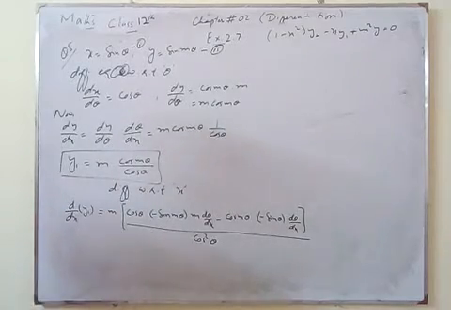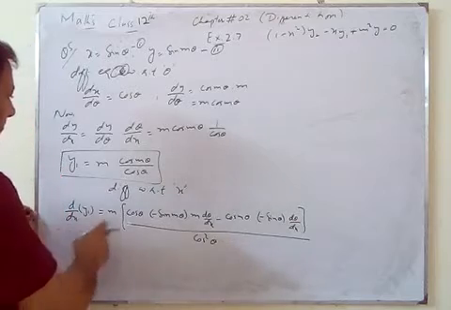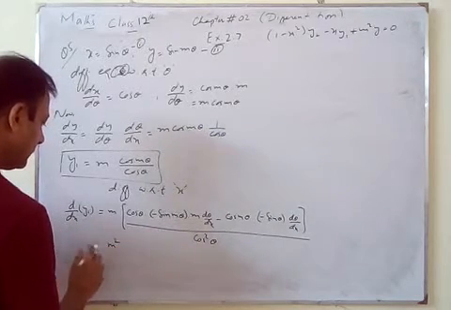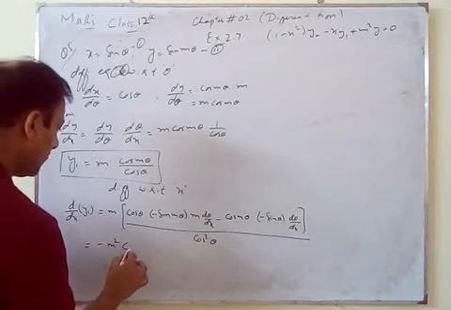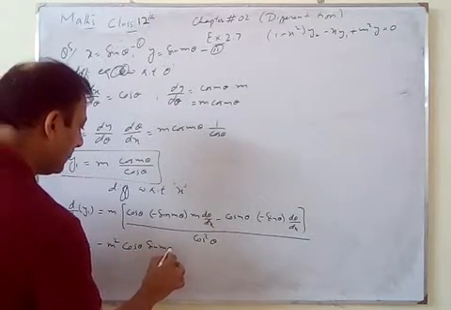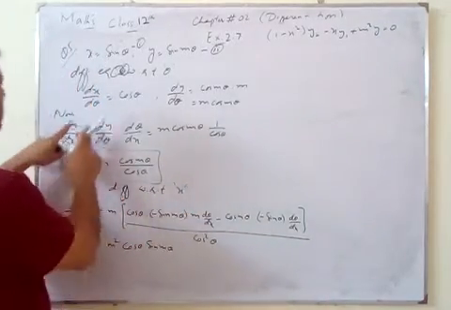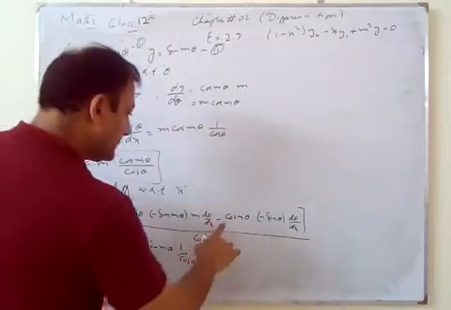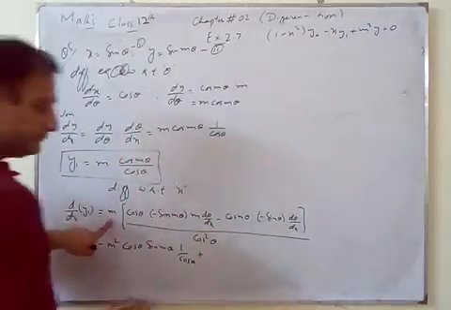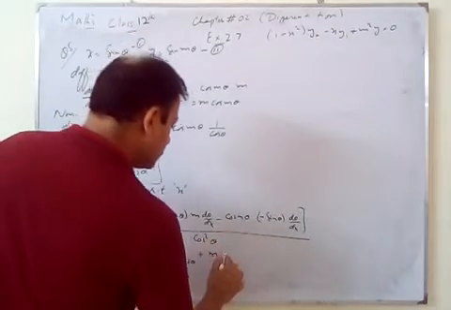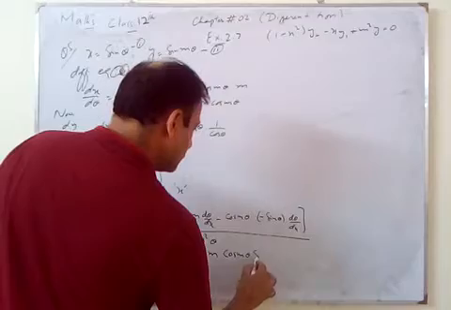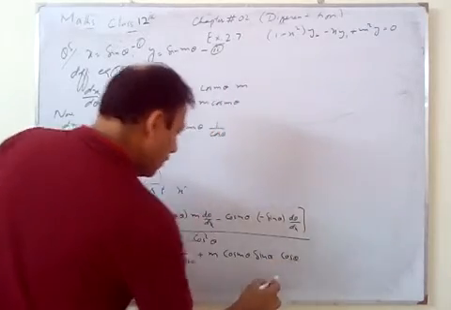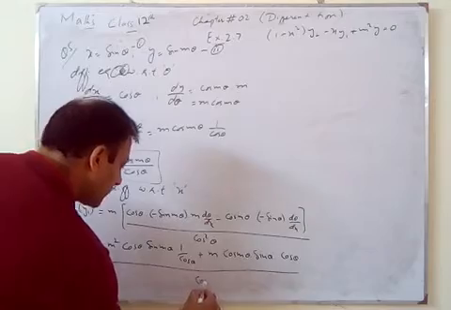So when we take these values one by one, we write m into minus m square, this minus sin m theta into the derivative of theta with respect to x, that is 1 over cos theta, minus into minus plus this m cos m theta sin theta into d theta by dx, that is 1 over cos theta, whole divided by cos square theta.